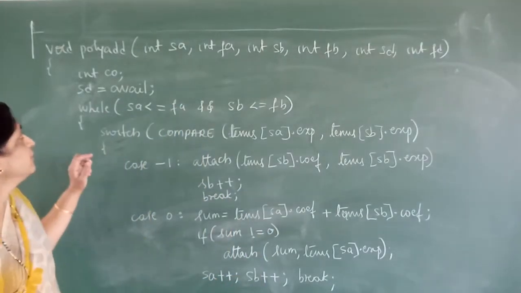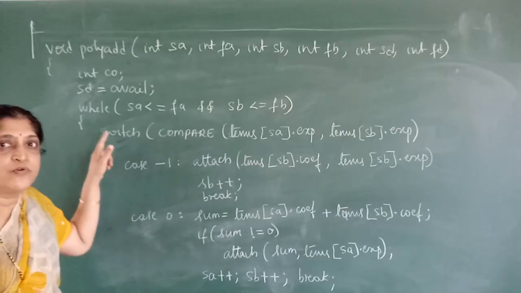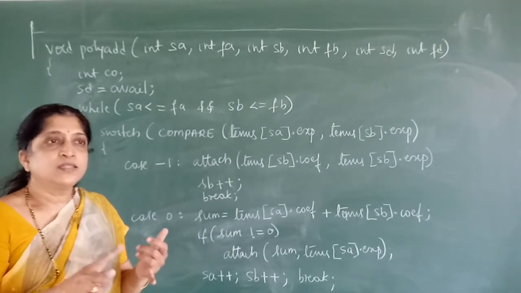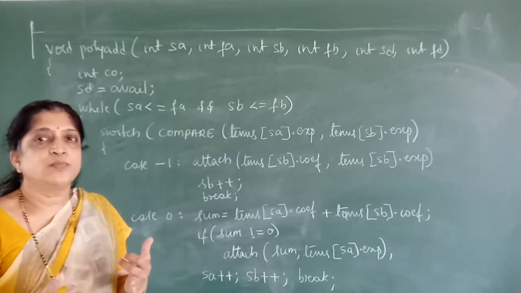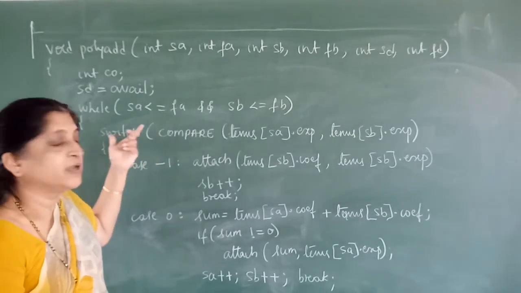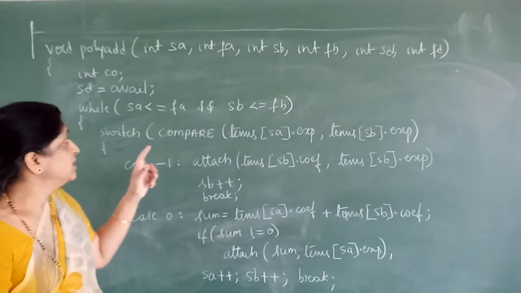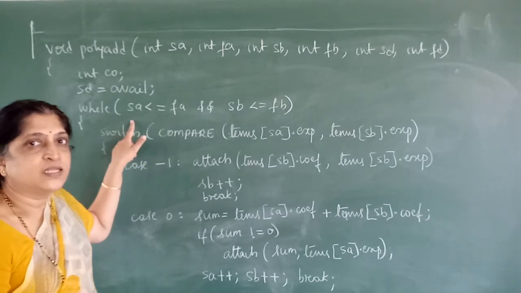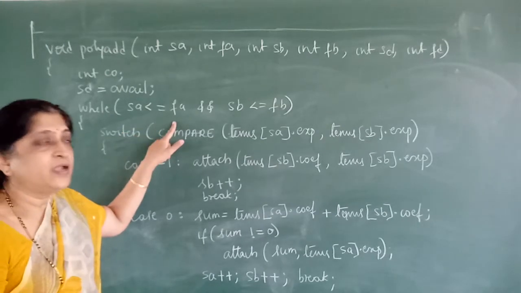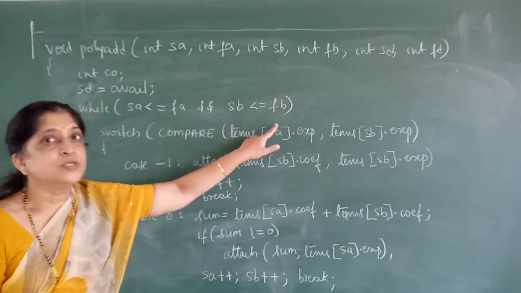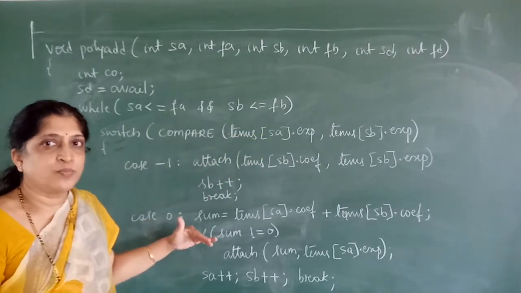Then here we are going to perform this operation till we reach the end of either polynomial A or polynomial B. So we are writing the while loop with the condition: if SA is less than or equal to FA, that is start A is less than or equal to finish A, and start B is less than or equal to finish B, we are going to perform this operation.